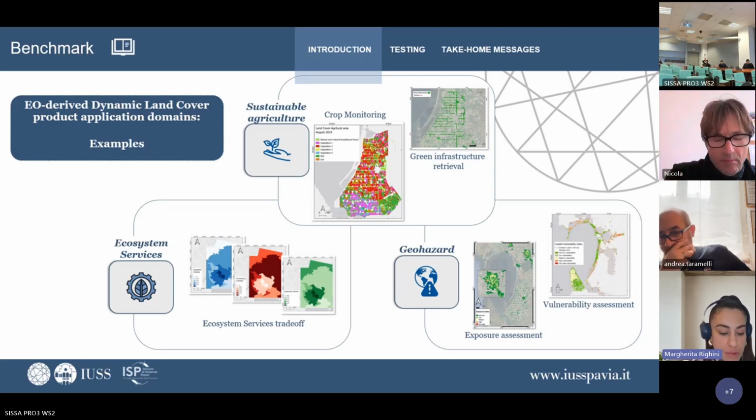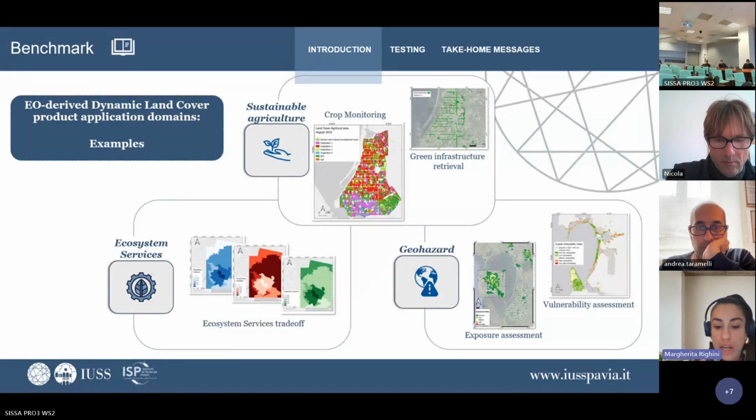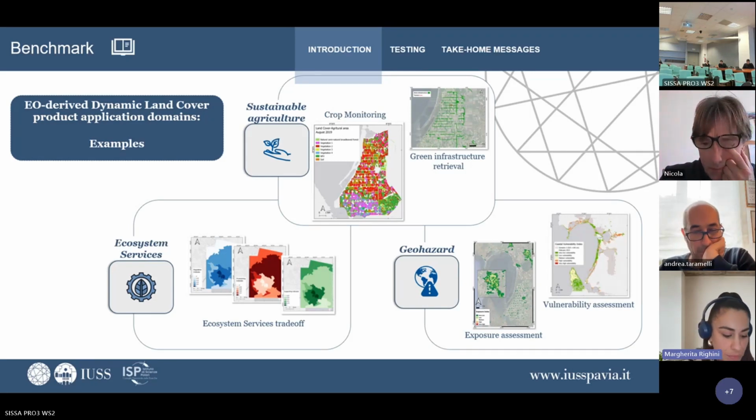These application domains range from sustainable agriculture, for example to support crop monitoring or green infrastructure retrieval, to ecosystem services and environmental monitoring, for example to underpin ecosystem service trade-off studies, or the domain of geohazard, to support for example emergency service and risk assessment, as in this case in coastal areas for exposure and vulnerability assessment.